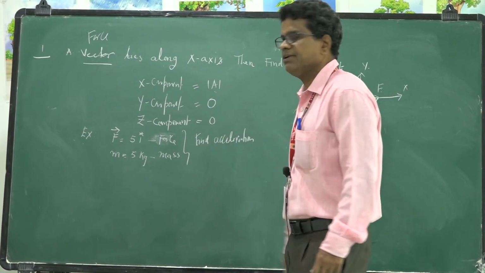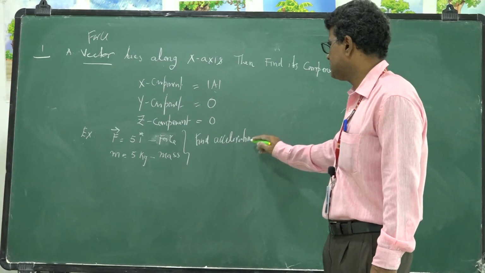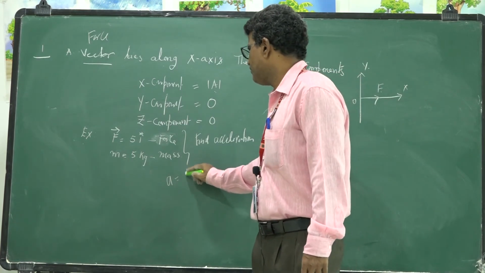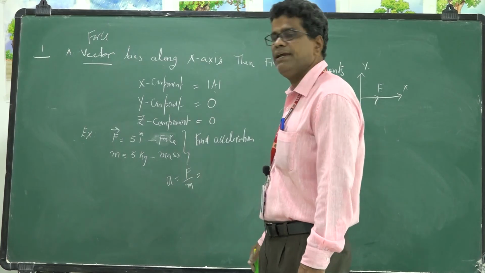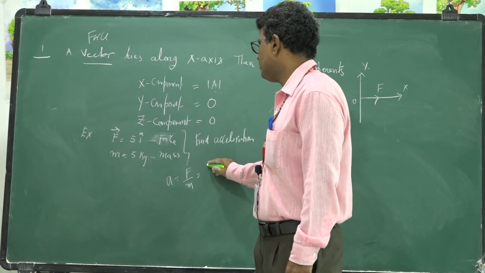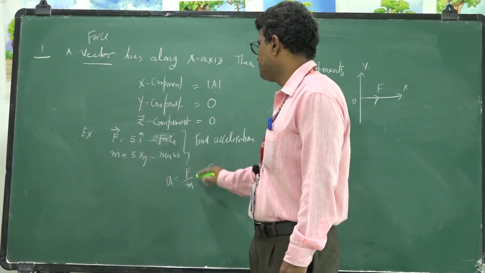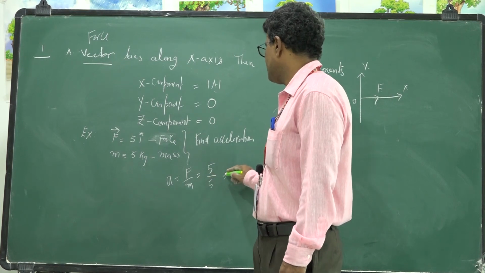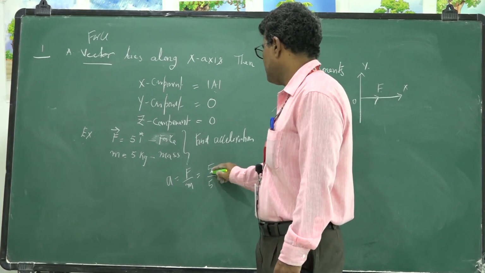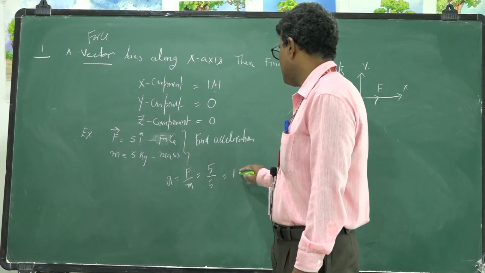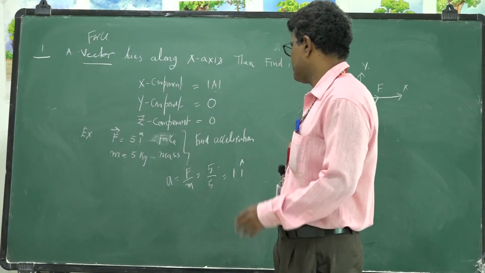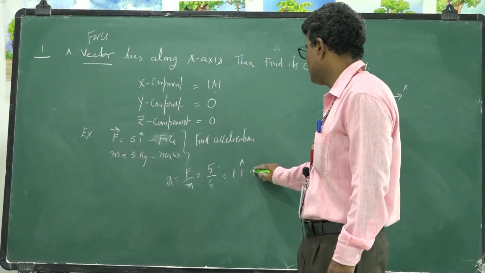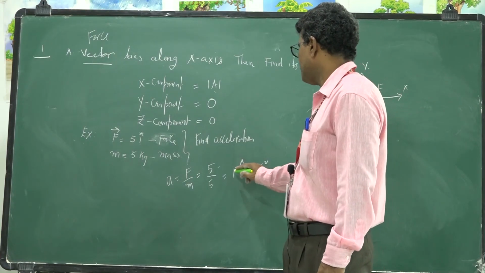Find acceleration. We know that acceleration is F by m. What is F? 5, the magnitude, and mass is 5. That is 1. This force is in which direction? I cap. So this is 1 i cap. The acceleration unit is meter second to the power minus 2.